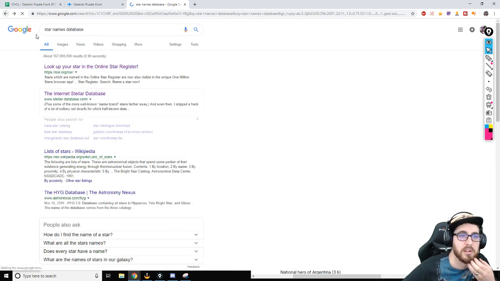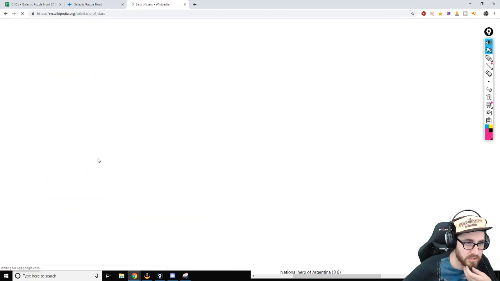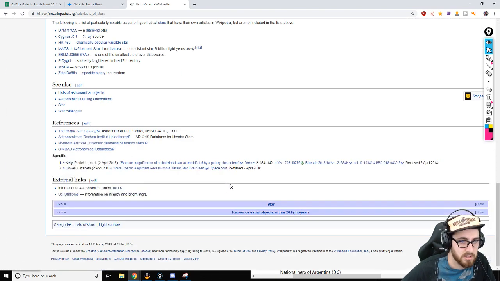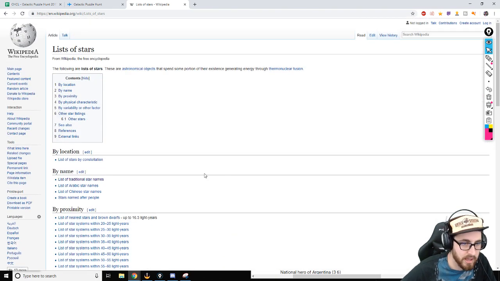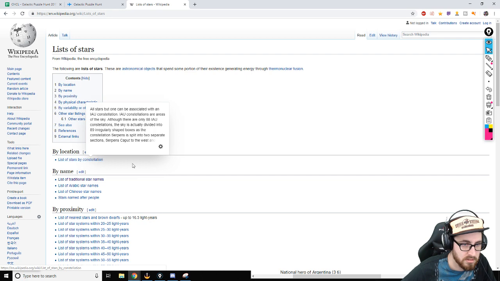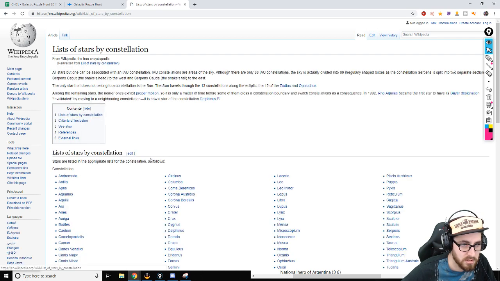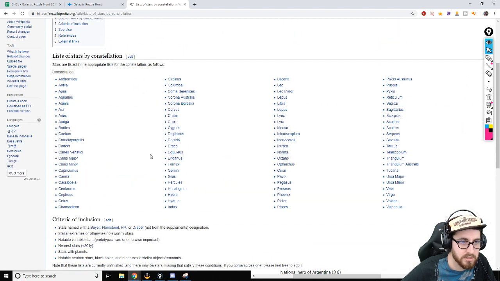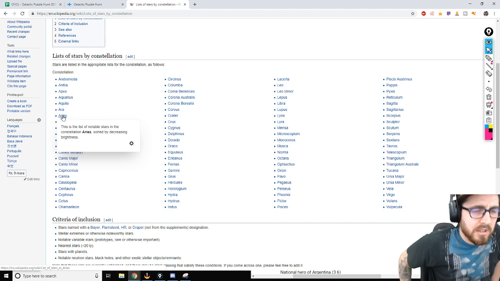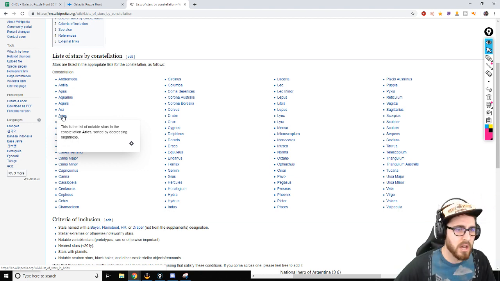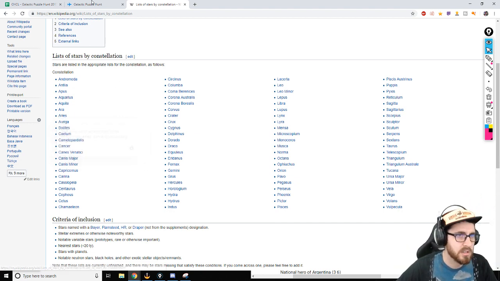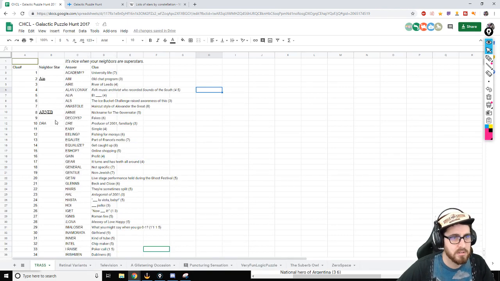Ugh, okay, nope. List of stars. Oh my god, no, I want all stars. Here we have the constellations. I like decoys. Yep. Decoys fits. I dig.